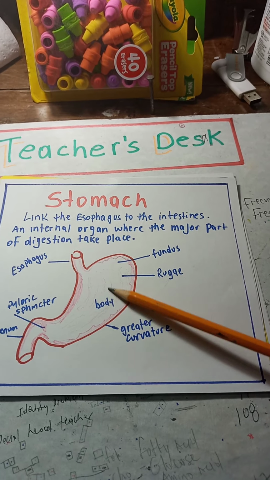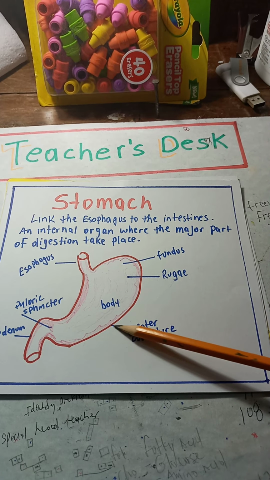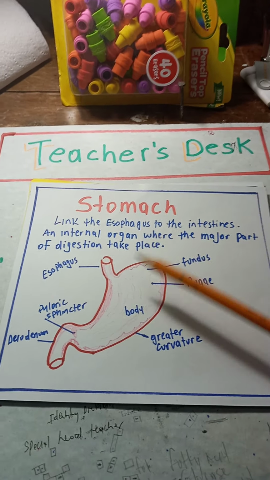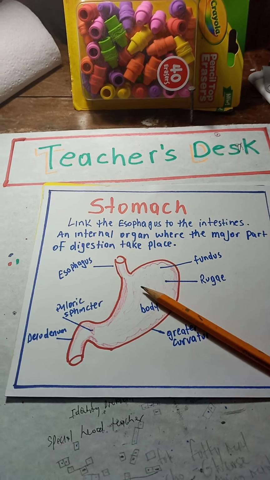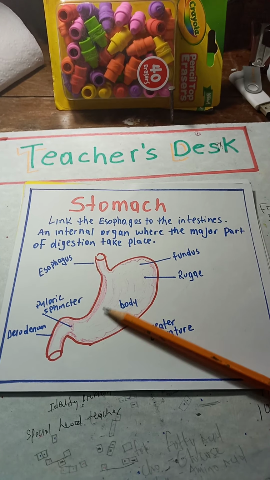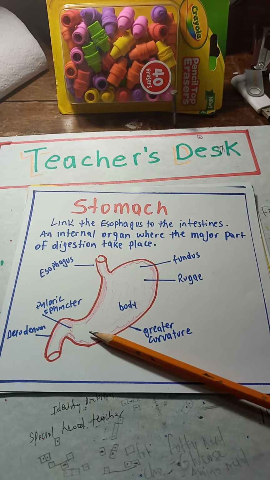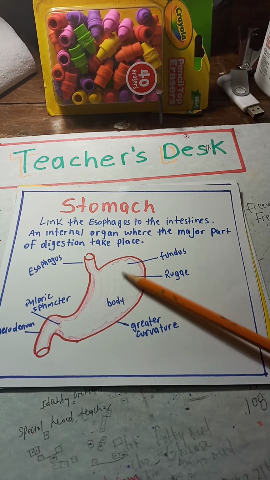This is the body of the stomach, and you have the greater curvature here on the side. These help to break down the food. They squeeze against the food to break it down into a softer form. It's called chyme. Inside here, the food is going to be breaking down to a liquid form.